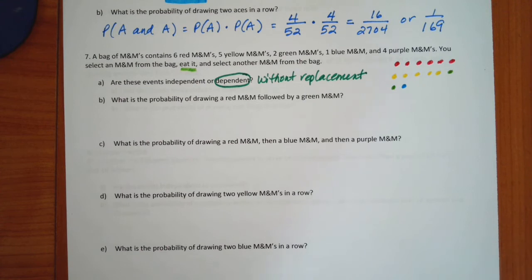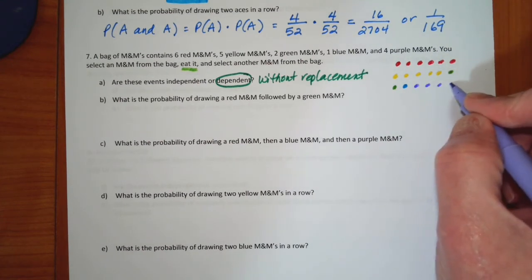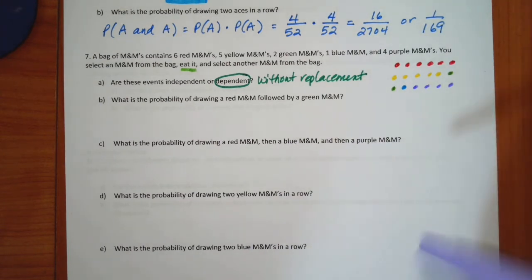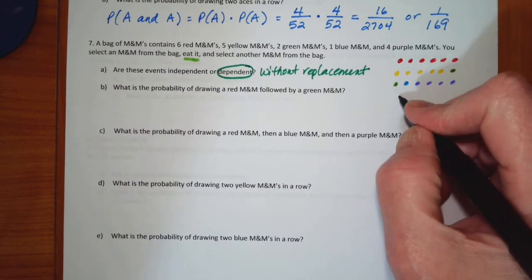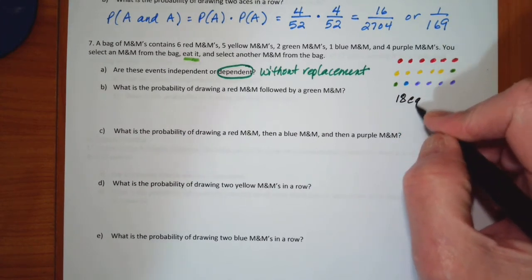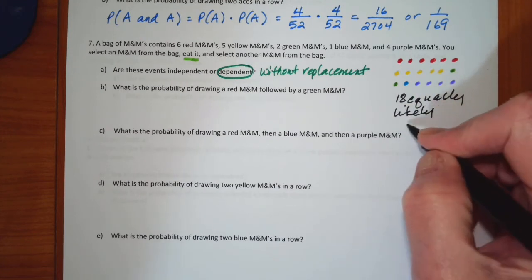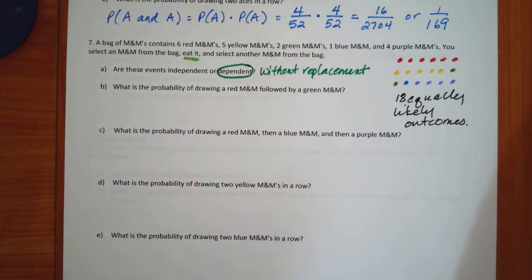And I am going to draw 4 purple. Okay, and the first thing I'm going to do is total up. If I'm going to find some probabilities, then I need to know what my total outcomes are. Which means if I'm drawing in a bag, this gives me 18 equally likely outcomes. I can get any one of the 18.